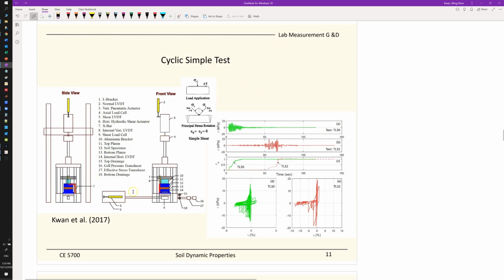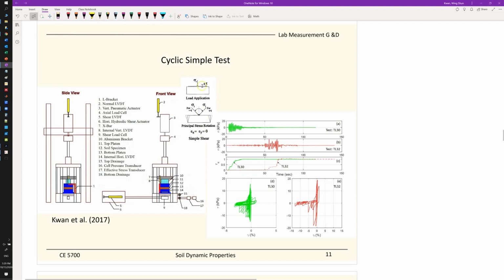Now this is simple shear testing. Simple shear testing is a better way to simulate an earthquake, because your soil sample is the brown color right there, and the whole machine can shake horizontally. So it's exactly like simulating the effect.